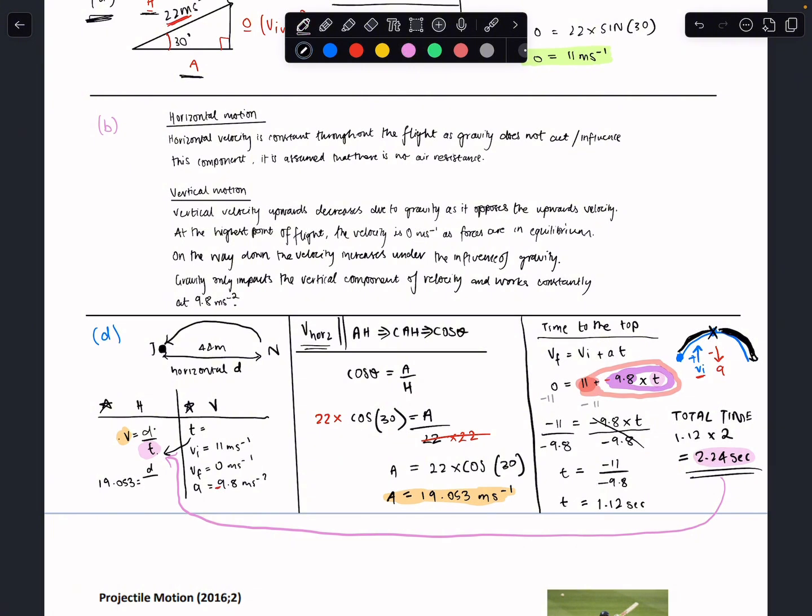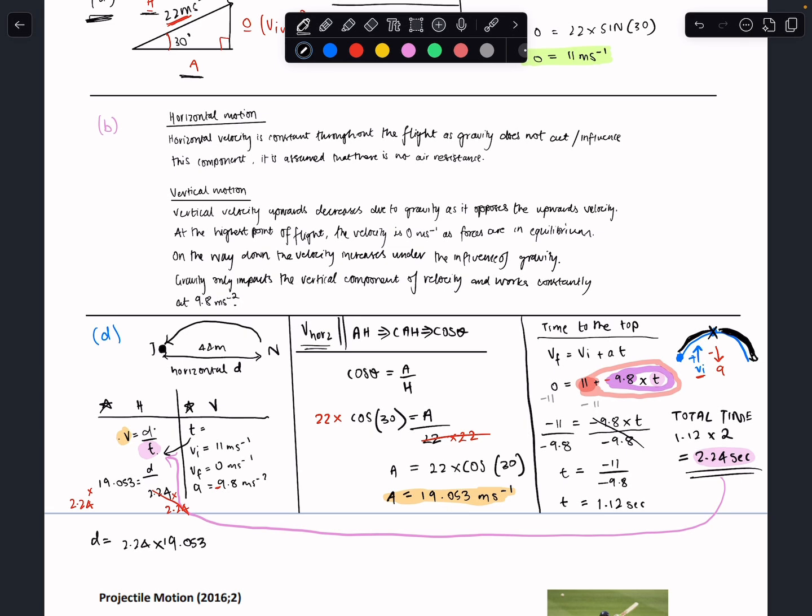So let's continue this equation. We know that our total time is 2.24. And to rearrange to get d all by itself, we have to times this side by 2.24 to cancel it out. That means we times this side by 2.24. So d essentially equals 2.24 times 19.053.